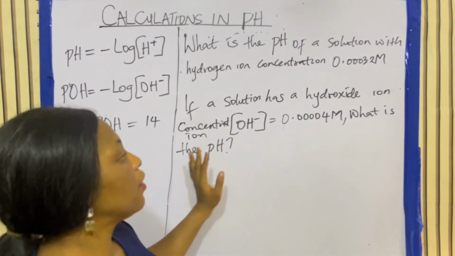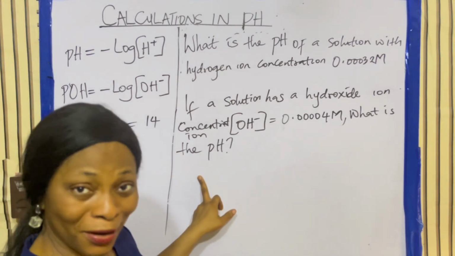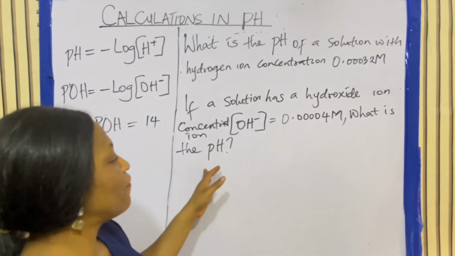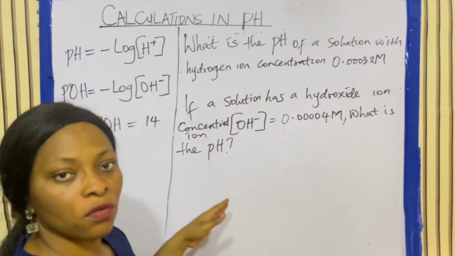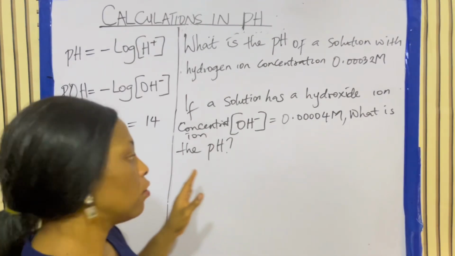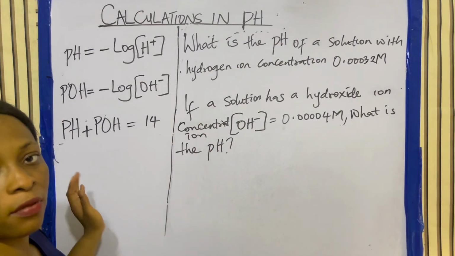Here you have been given the hydroxide ion concentration and you are looking for the pH. I believe you know what to do. Kindly find the pOH, then you can conveniently substitute it into this formula.